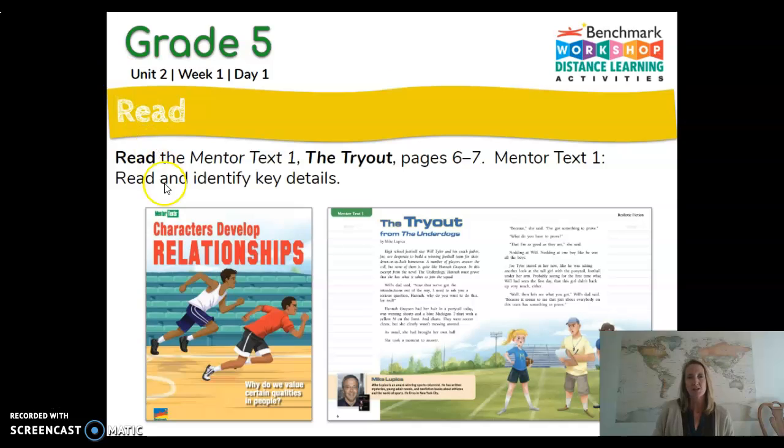So we're in our mentor text today, and we're going to read the story called The Tryout on pages 6 to 7. We're going to read and identify key details, so that means that we're connecting to the text. We're underlining, circling, asking ourselves questions in the margin.